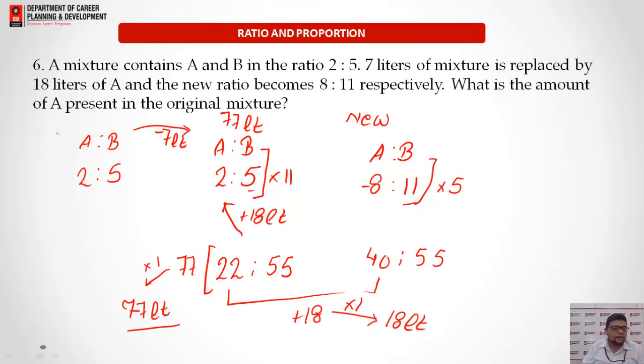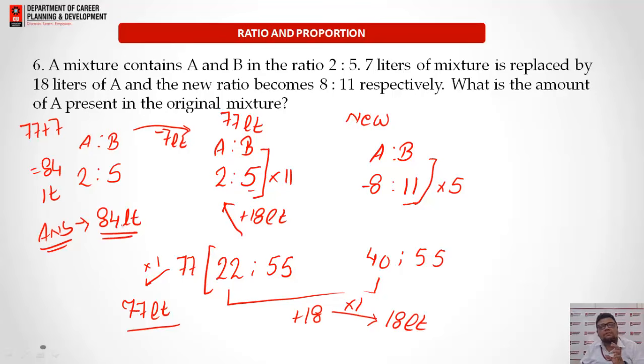So before removing it will be 77 plus 7, which is 84 liter. So our answer will be 84 liter, which is the total mixture.